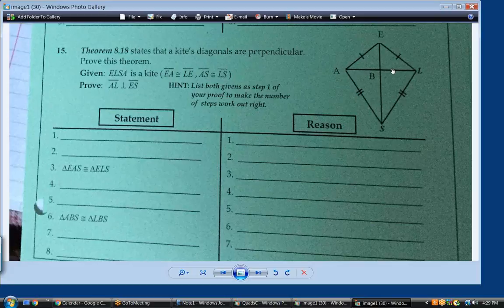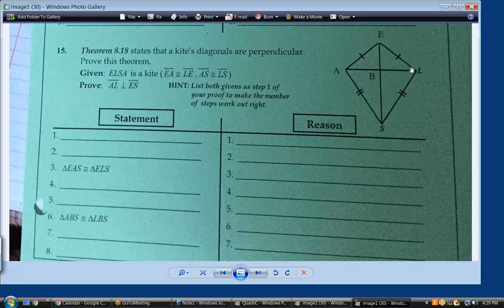So it's the short diagonal that gets bisected. That's really all there is to know about a kite, other than it's a quadrilateral. The diagonals are perpendicular to one another is what I meant to say.